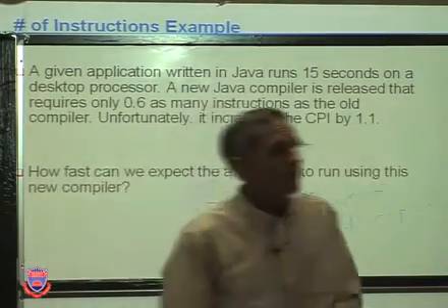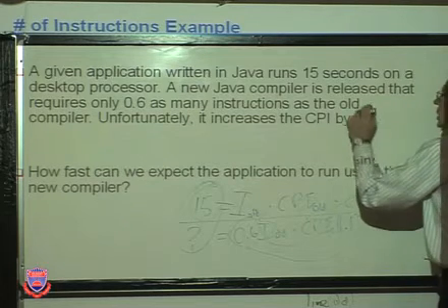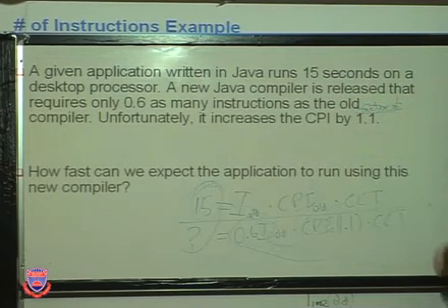Yeah? We also did time, but it says it increases the CPI by 1.1. So it makes it 2 point. No. No. Factor of. So old CPI times 1.1. And that's the only meaning that we can have because we don't know. Oh, I see what you did. You did CPI plus 1.1.